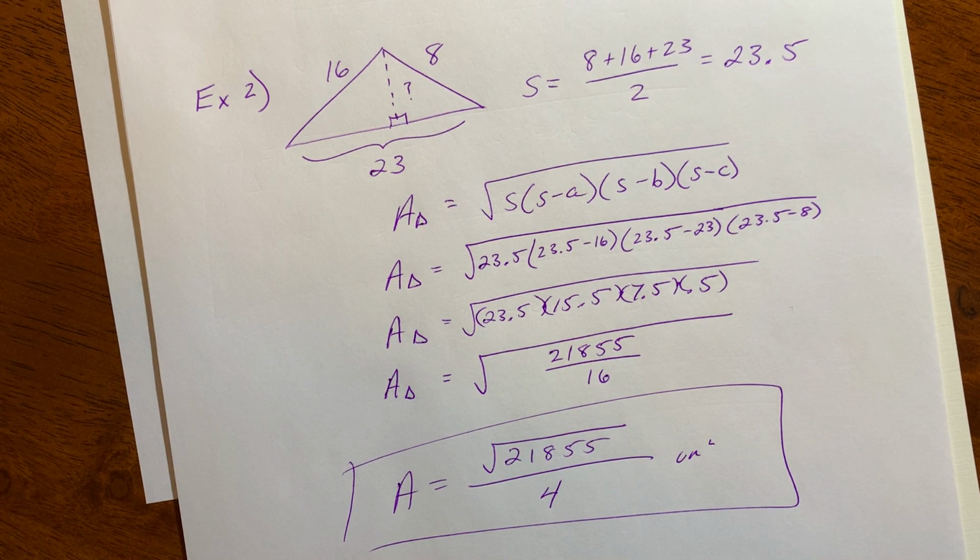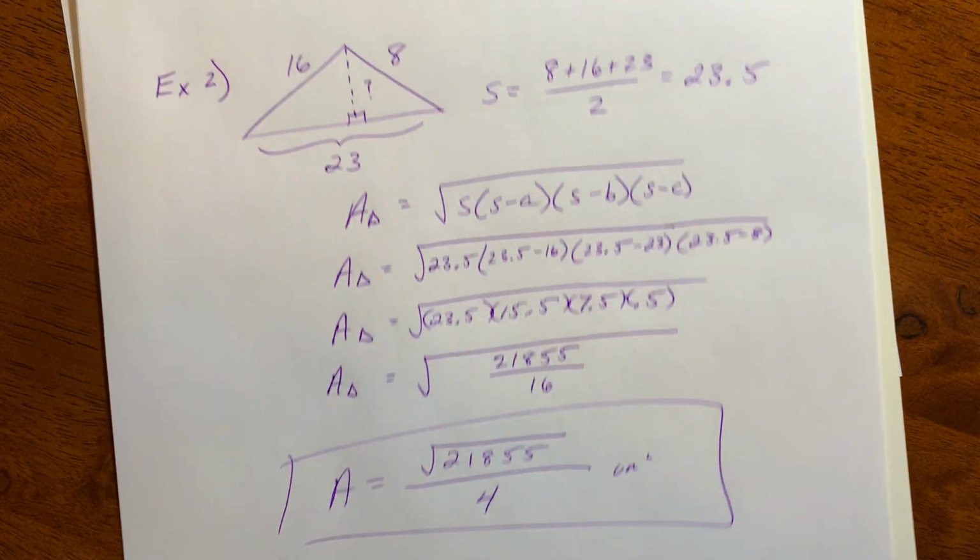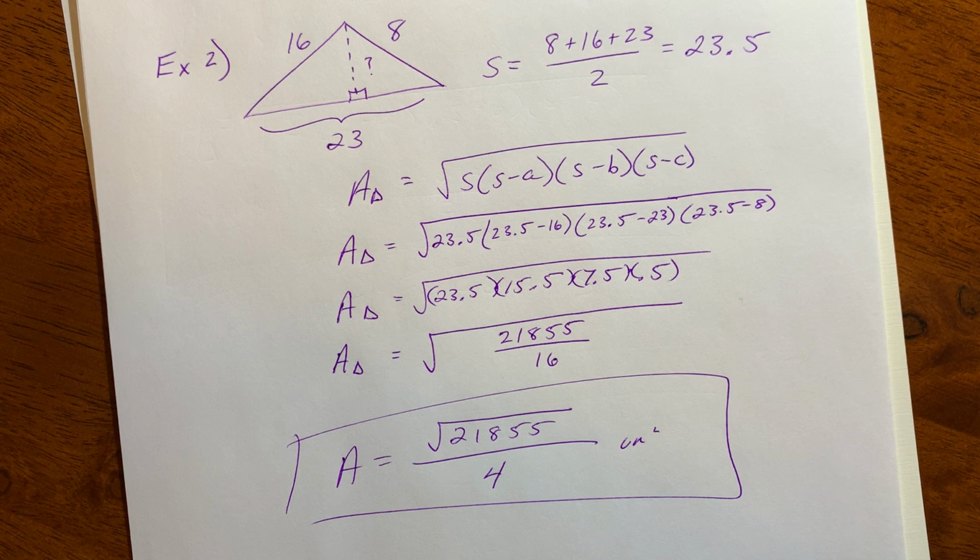Most typically, you'll be told to round these answers. Or they'll work out nicely, like in the case of the first one. But there was a necessity for this, when there were buildings going up that had triangular structures in them, supports, where the height just couldn't easily be calculated.